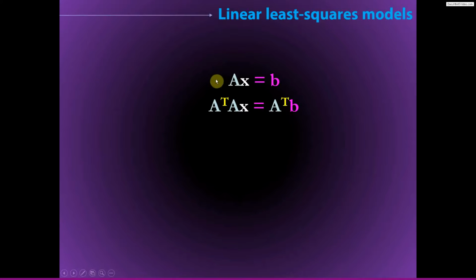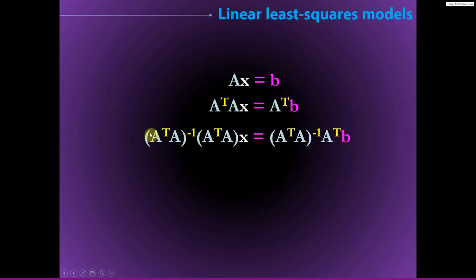So we multiply this side by A transpose, and this is great because this is now an invertible matrix, which means we'll be able to get rid of it from this side of the equation. And of course, whatever you do to one side of the equation, you have to do to the other side, so we have to multiply the right side of the equation by A transpose.